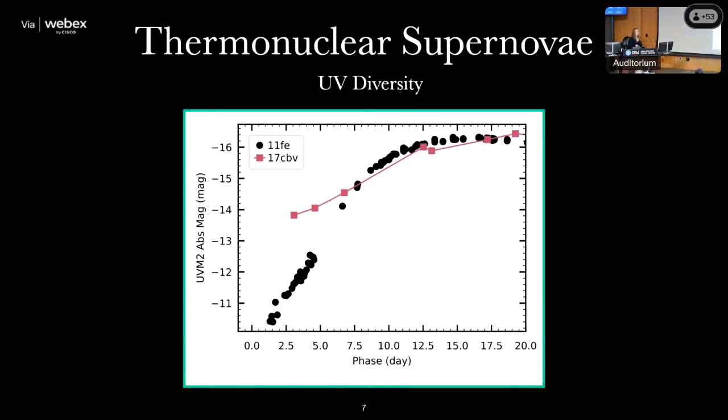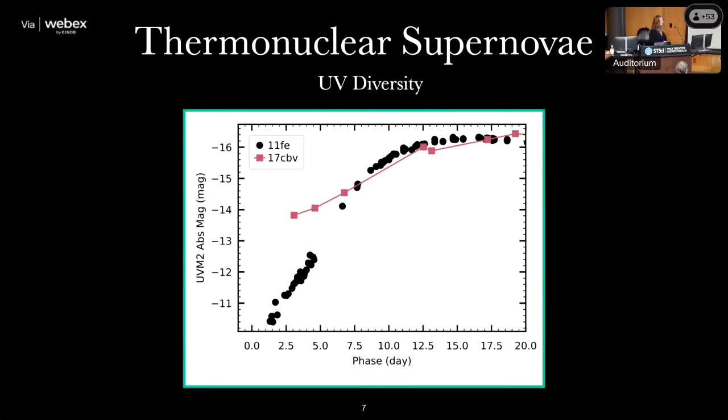So with that, I want to give you a little introduction to what different types of supernova look like in the ultraviolet, starting with type Ia supernova. In many ways, these are the best studied. We have samples of tens of supernova in the UV. And this I actually discovered while I was flying here and looking at these light curves. So supernova 2011fe and supernova 2017cbv are very well studied type Ia supernova.